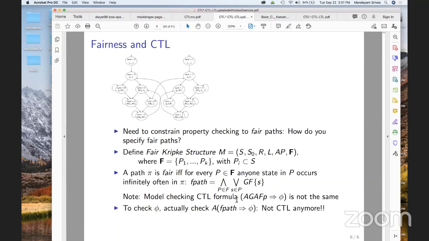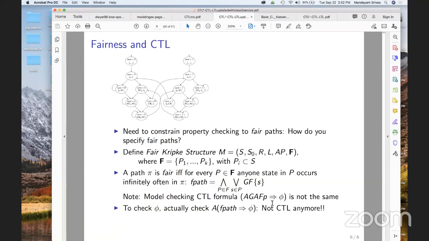That's why, because this is trivially true. As long as you are model checking this, the original formula might trivially become true, as long as there are fair paths originating from the state. What it inherently requires is that you restrict to the fair paths, and then say that every path from that state should be such.